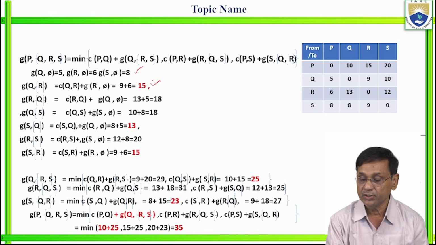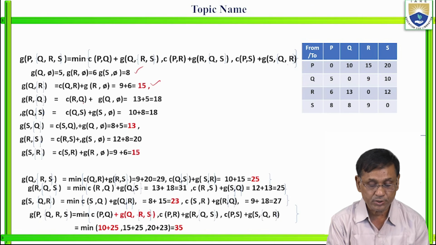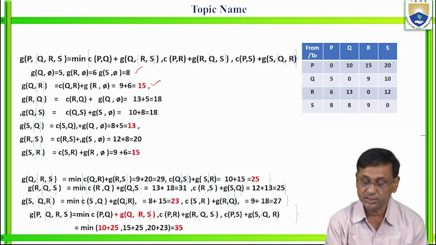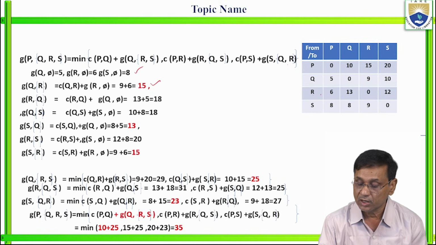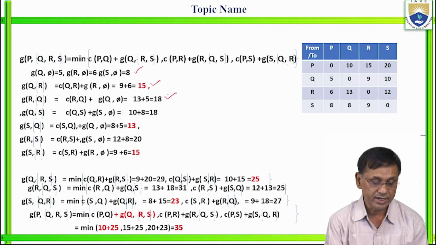So this value is 15. Then the cost of going from city R to the set of cities Q is equal to the cost of edge R, Q plus the cost of going from Q to the initial city P. The cost of edge R, Q is 13, plus g(Q, pi) is equal to 5, so this is 18.